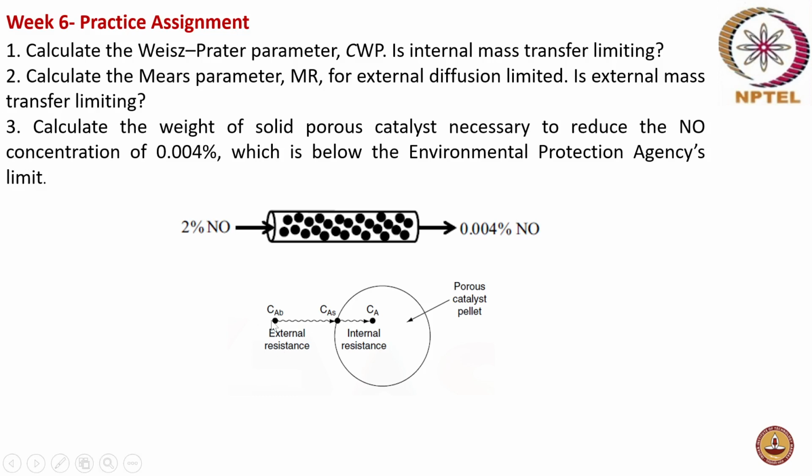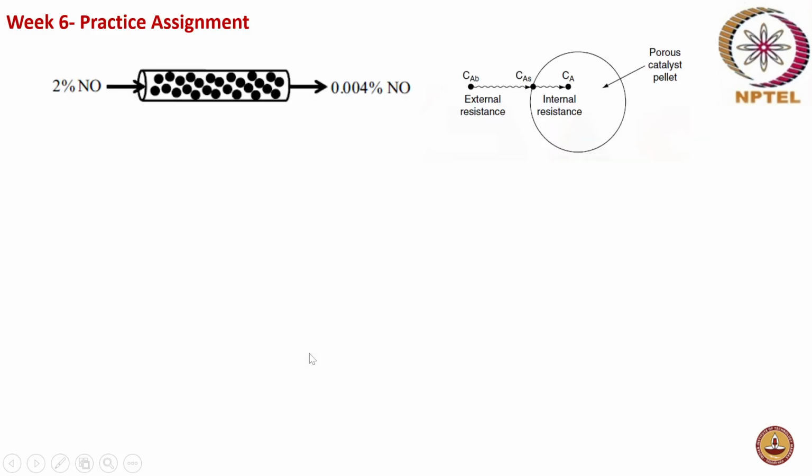Initially, the concentration of the nitric oxide in the bulk is given by CAB, and if there is an external mass transfer resistance, then it will reach the surface with a concentration of CAS, and if there is an internal mass transfer resistance, then the concentration of the nitric oxide within the pellet will be CA. Here the porous catalyst is spherical in shape. Now let's start solving this problem.